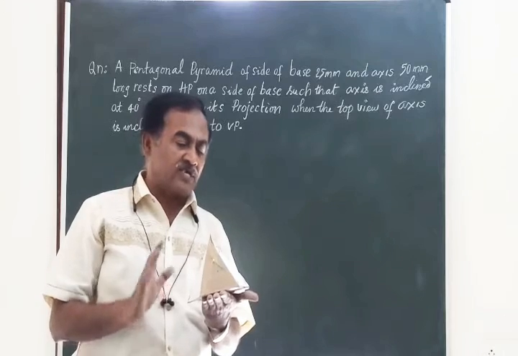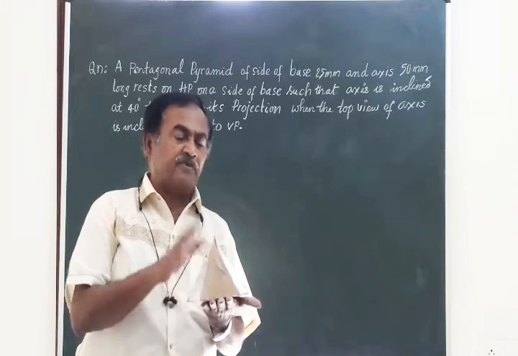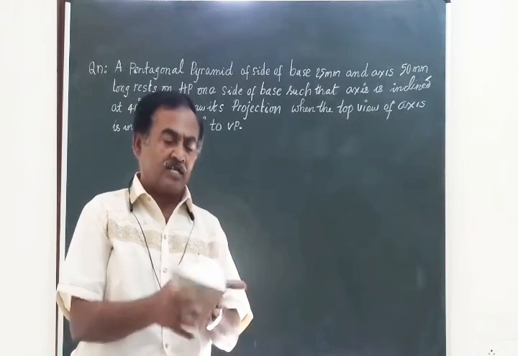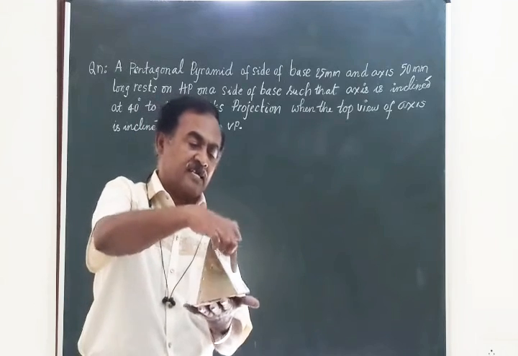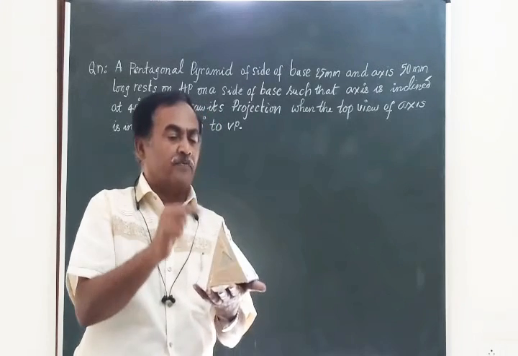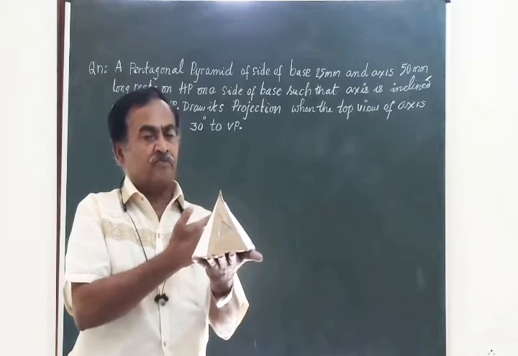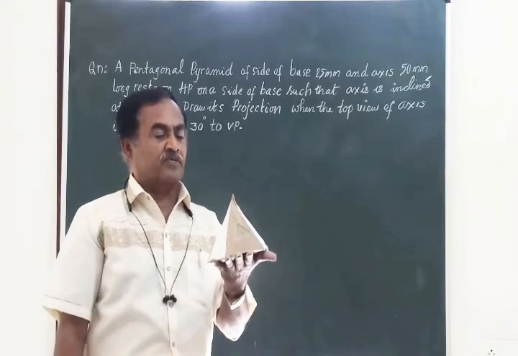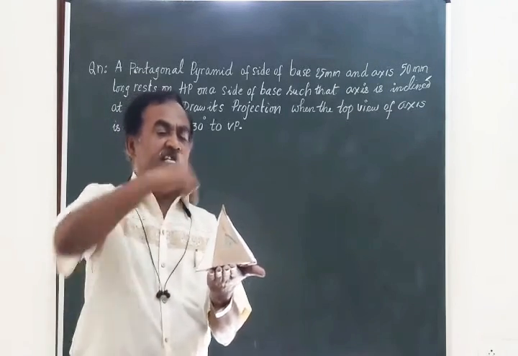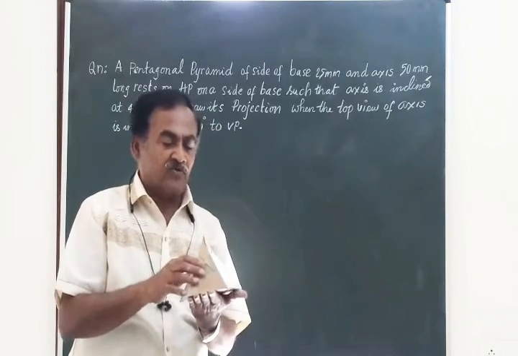So what I do now is, I place the pyramid on its base on HP such that the side AB of the base is normal to VP and it comes to the right side of the observer, and obtain its top view and the front view.